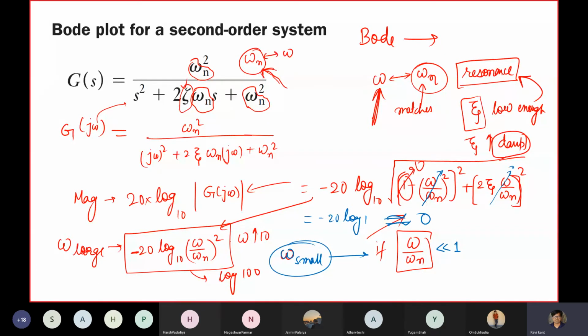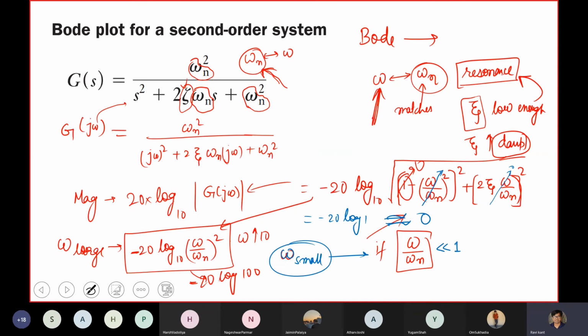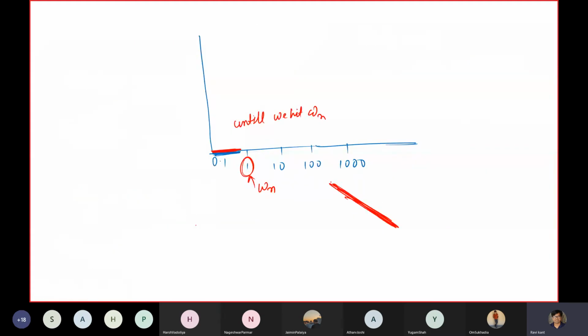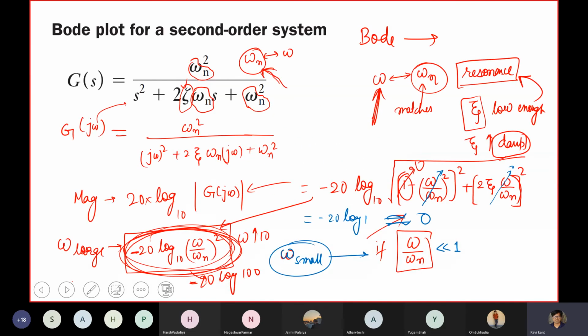And there will be a negative sign here, minus 20 log of something. So for larger ω, it will have a decreasing trend with a slope estimated by this.